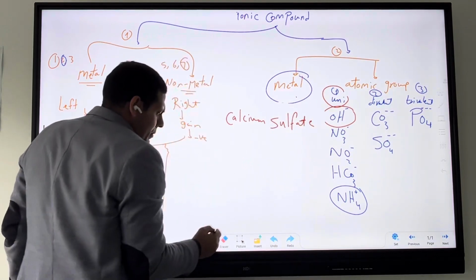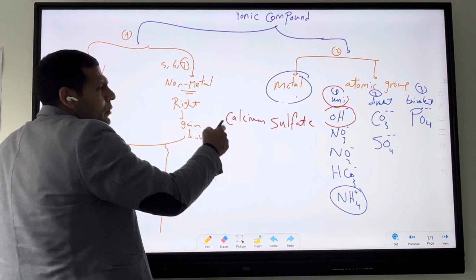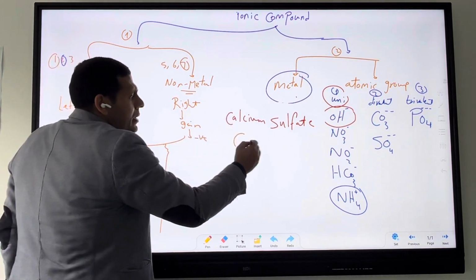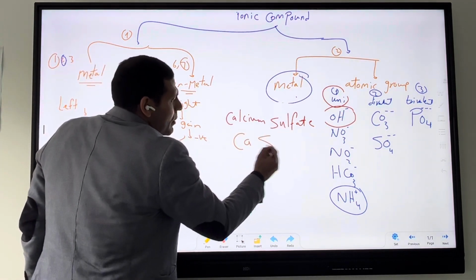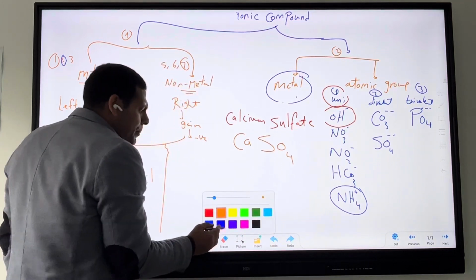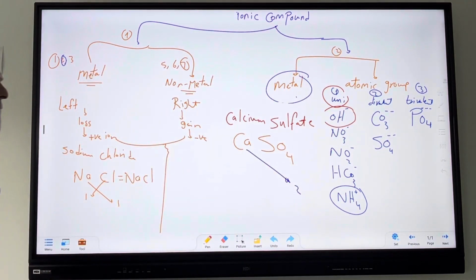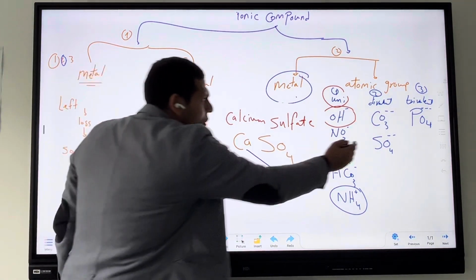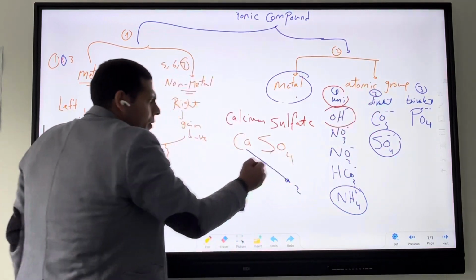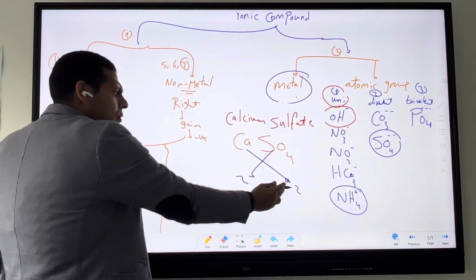The chemical symbol of calcium is Ca, and sulfate is SO4. Second step, you need to swap the valency. Calcium is 2, because you find it in group 2 in the periodic table. Sulfate is one of the divalent groups. So you have 2 here and 2 here.